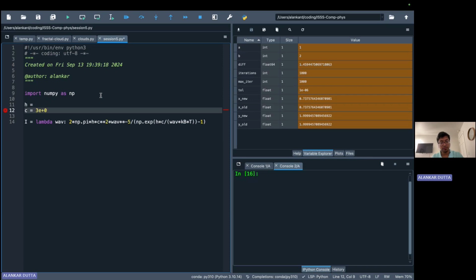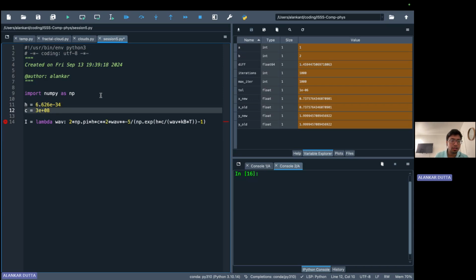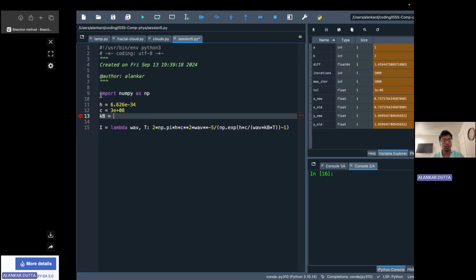This I know, this is the speed of light in meters per second, but h, as far as I know, is 6.626e-34. This is Planck's constant, right? And then we have temperature, another variable T, which I'll put in here. And kb is the Boltzmann constant, which I have forgotten the value of.